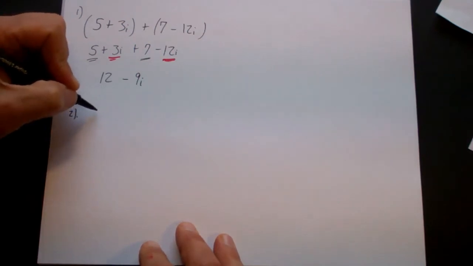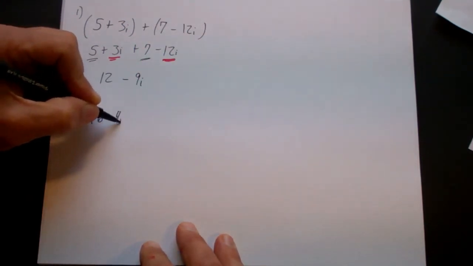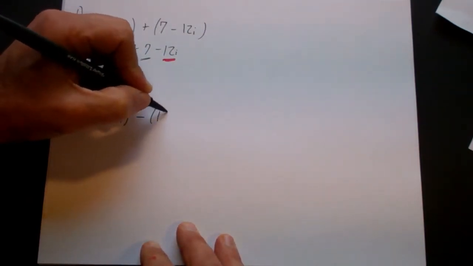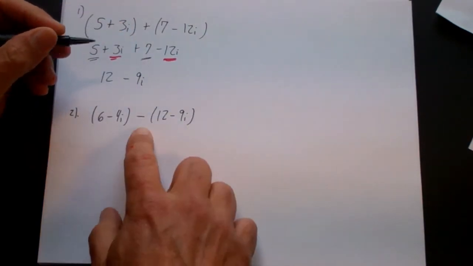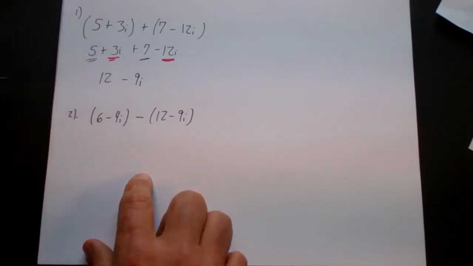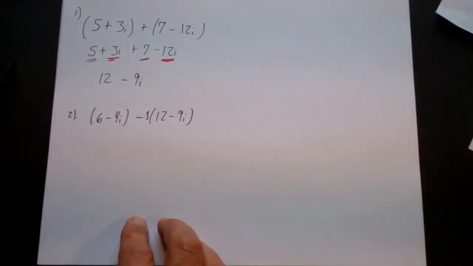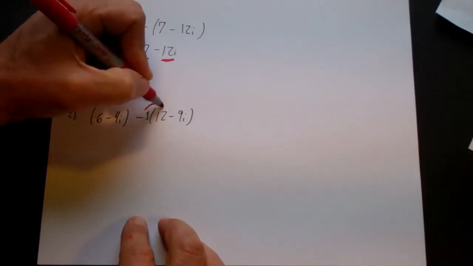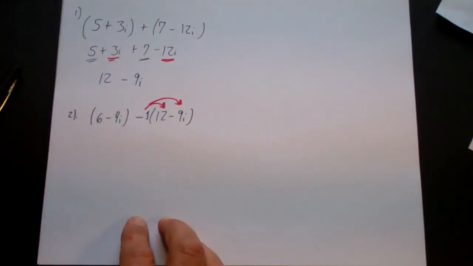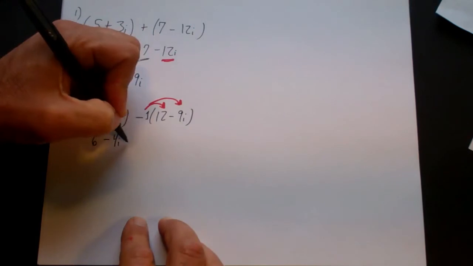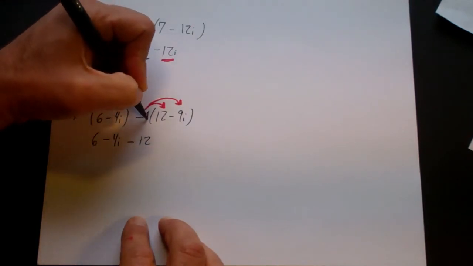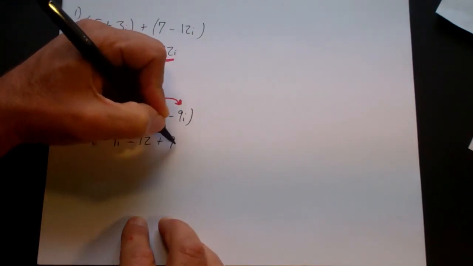The second problem is 6 minus 4i minus 12 minus 9i. Here we have a negative in front of a parentheses with that number. Remember that, so there's a negative 1 there, and you have to distribute the negative. And then you get 6 minus 4i minus 12, and then a negative of a negative is a positive, so it's plus 9i.